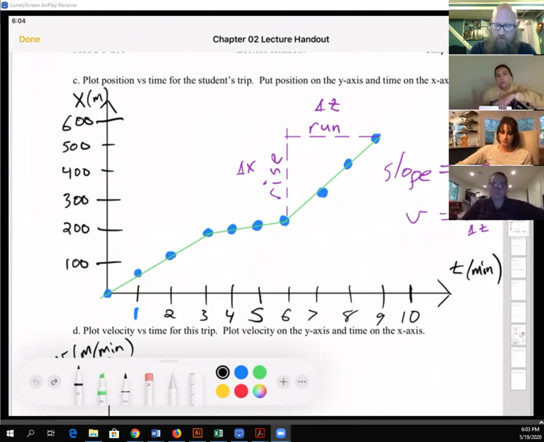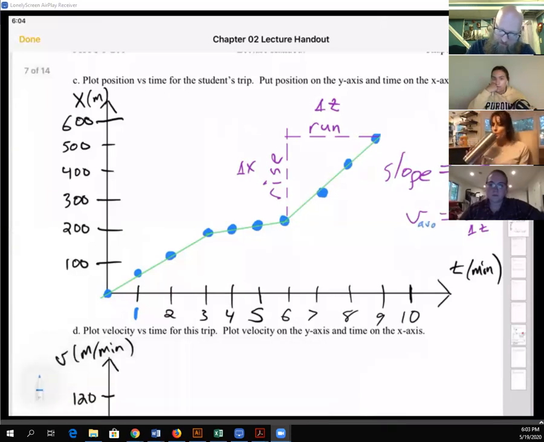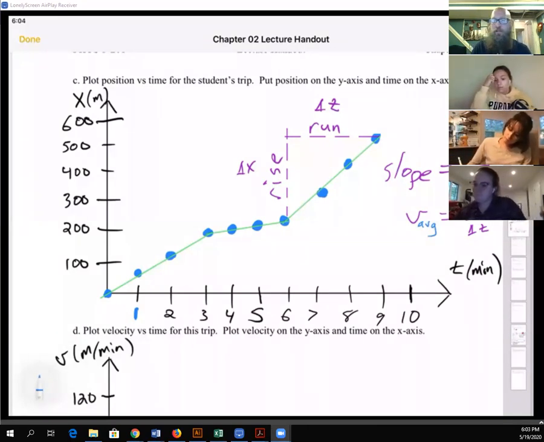And run is motion on the time axis. So delta x over delta t, that is velocity. And let me be clear here. That's technically average velocity, but if the velocity is constant, the average and the actual velocity are the same.